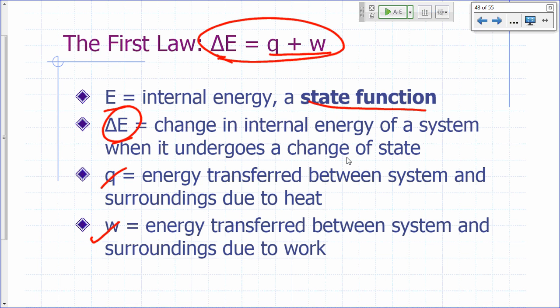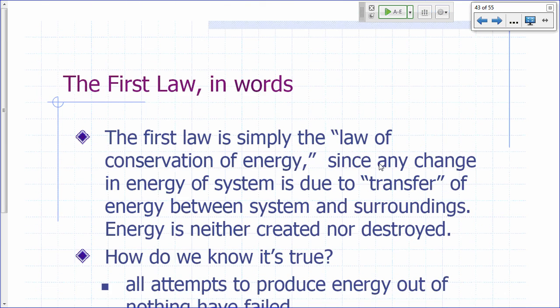But if you're looking at the same initial state and final state, even though you have different ways of getting there, if you add up all the Q's and the W's, you'll end up with the same answer. Q and W depend on how you get there, but if you add up Q and W, it doesn't matter how you get there. So that suggests that Q plus W must represent a change in some state function, some property of the system, and we call that property internal energy, because we've already associated the idea of energy with heat and work anyway, right?